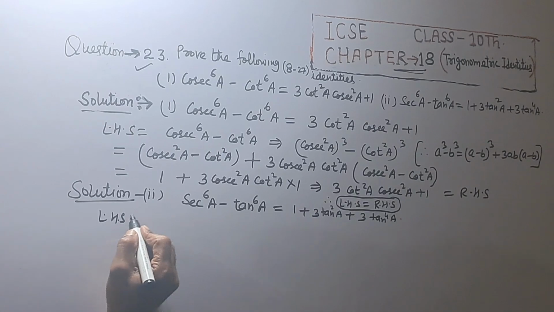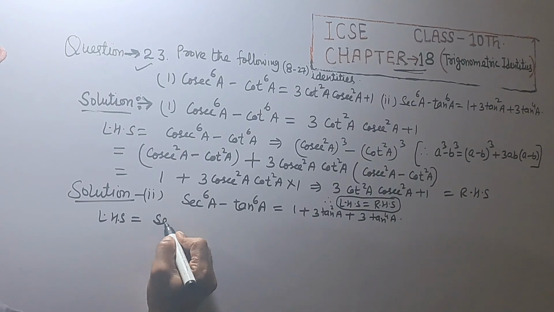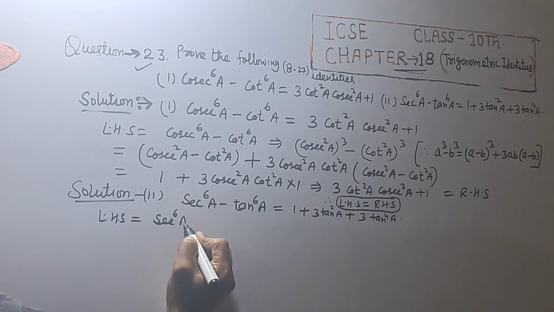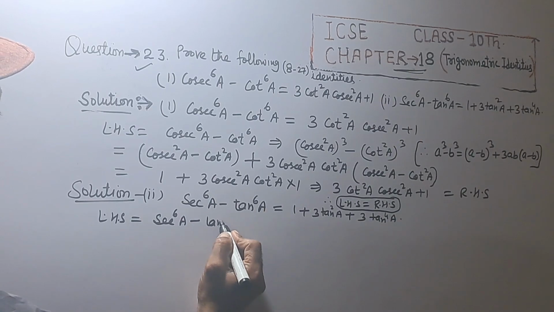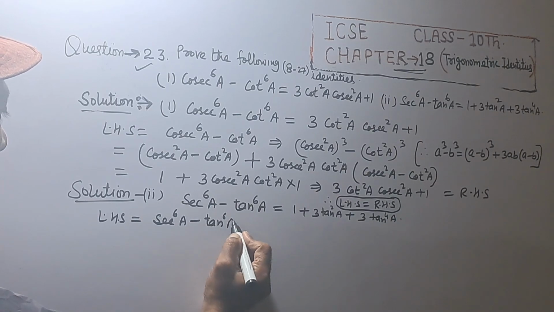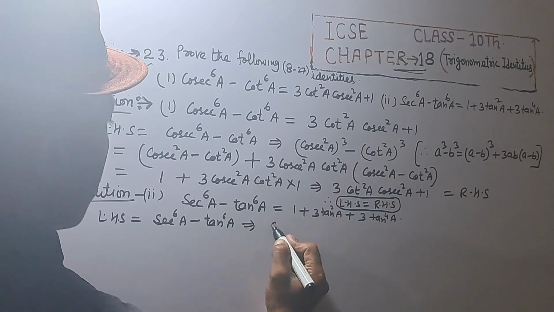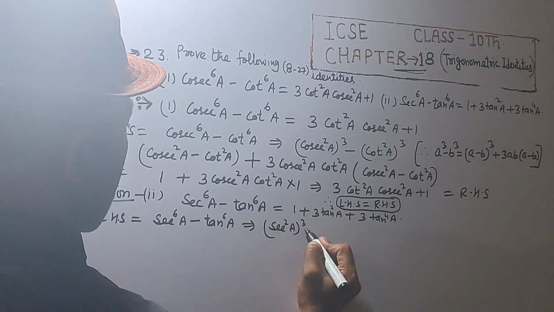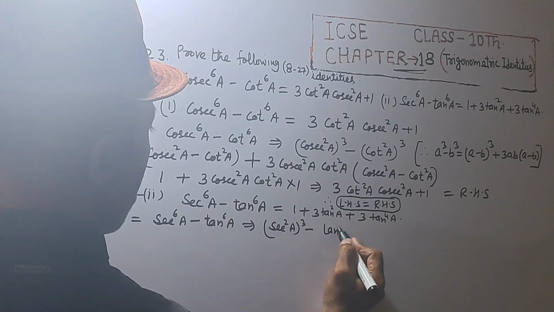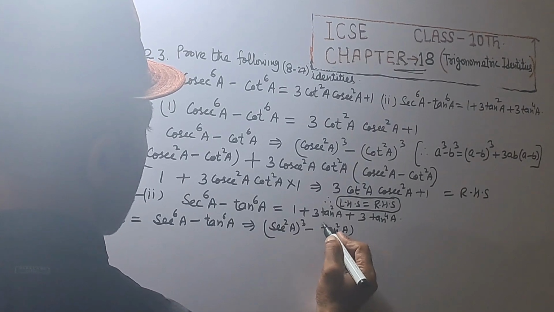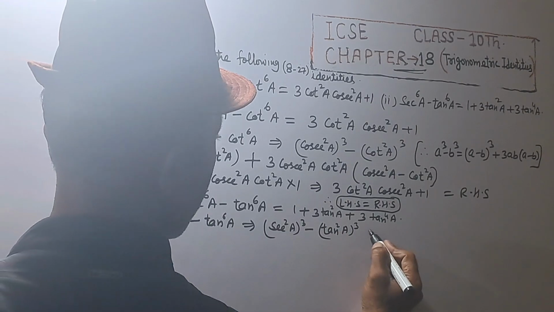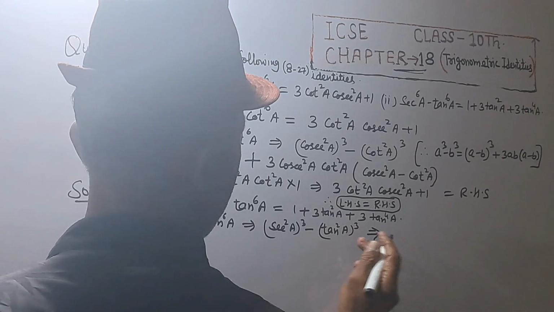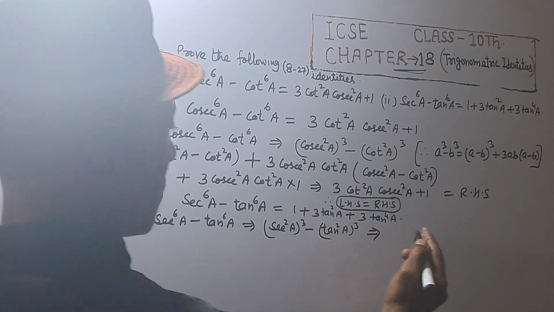Taking the left hand side, sec^6 A minus tan^6 A, which implies (sec^2 A)^3 minus (tan^2 A)^3, which is a cube minus b cube.